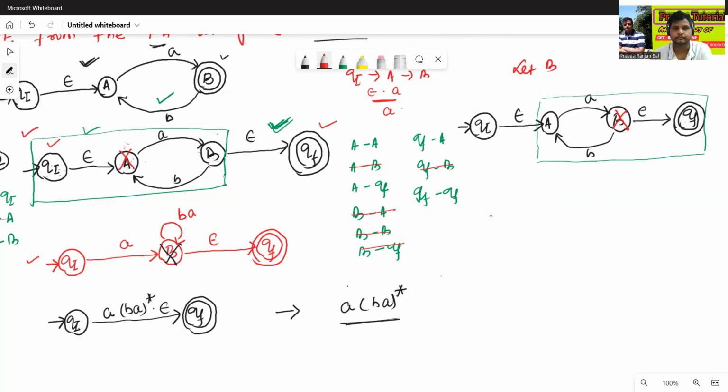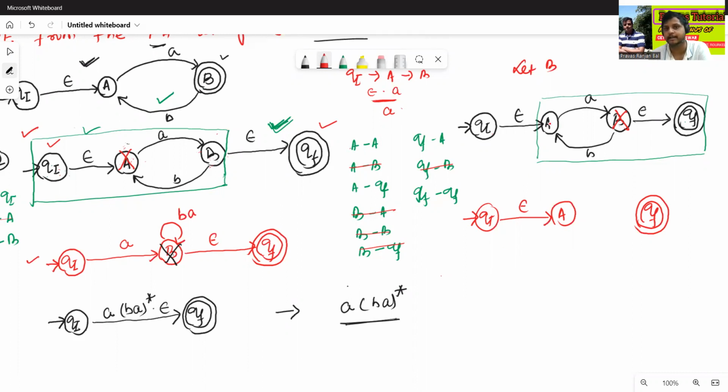Now we'll draw here Qi, then A, then QF. Qi to A is epsilon. Now we'll check A to A: in the previous case, is there any path?